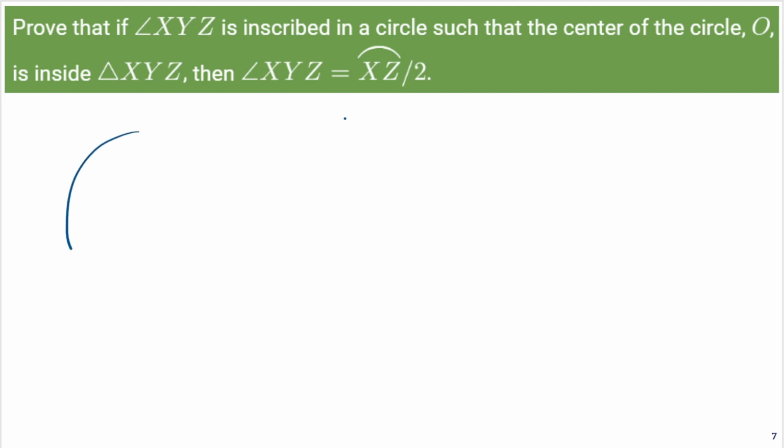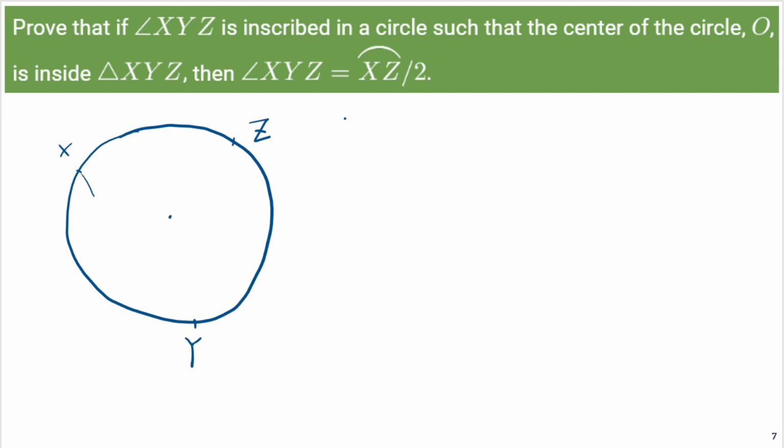All right. So let's suppose X is here, Y is here, Z is here. So if you consider the arc here XZ, can you prove that this angle is always half of this central angle here?